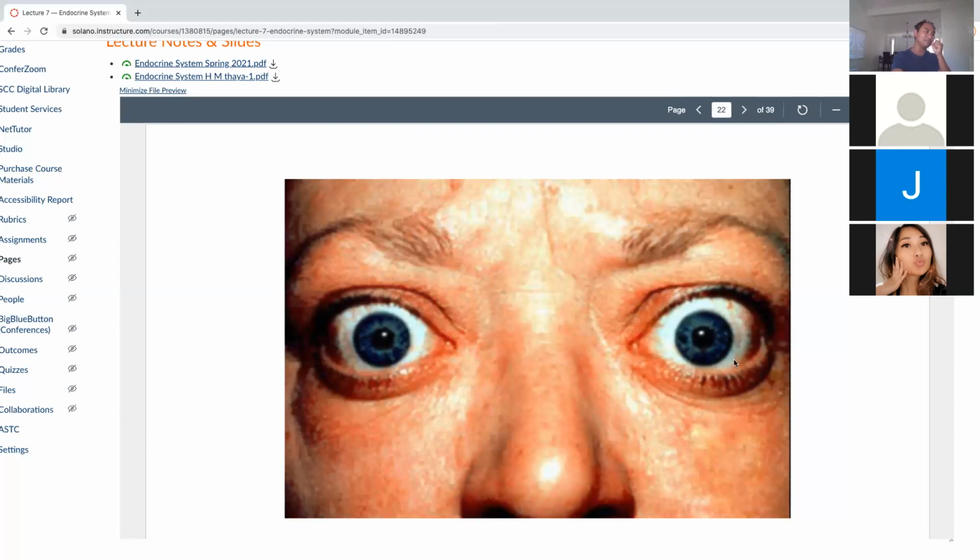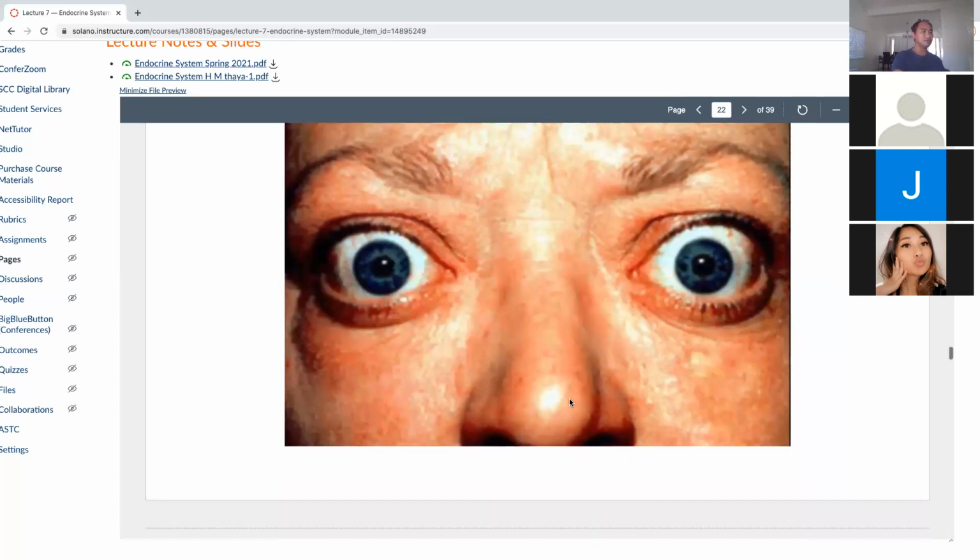In this lady, the black color is not covered with the eyelid, both upper and lower pole. What does it mean? The eye is being pushed forwards and the eyelids are retracting. Therefore, there is an overexposure. This is the thyroid eye disease, exophthalmos.